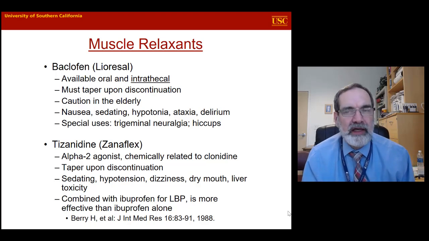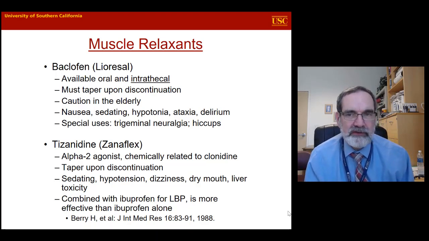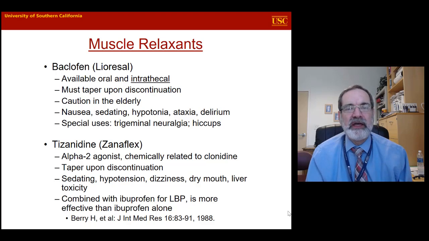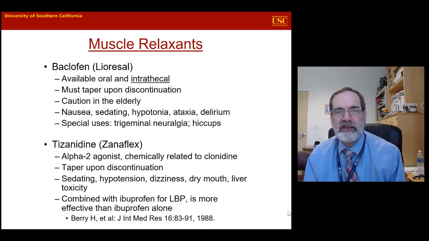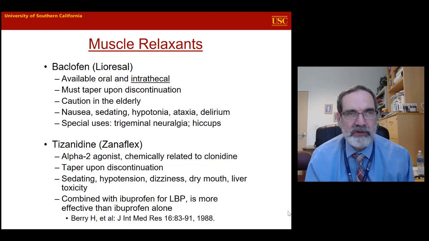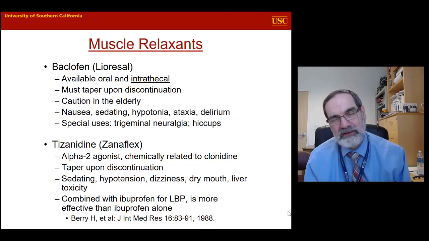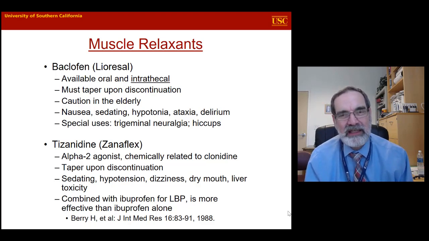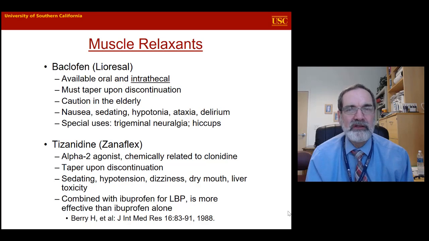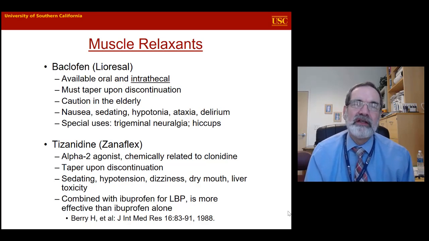Baclofen, even oral baclofen at times, especially with elderly patients, can cause delirium. Outside of muscle spasm, it has a couple of special uses. One is that it is a first-line treatment for trigeminal neuralgia, typically combined with other drugs. And maybe, again, because this is a muscle spasm, chronic hiccups sometimes respond to treatment with baclofen.